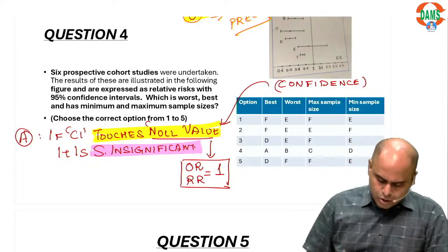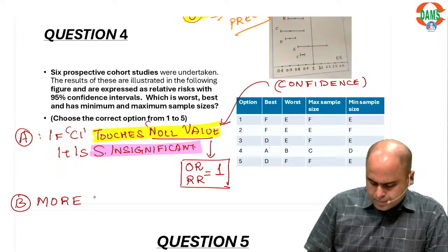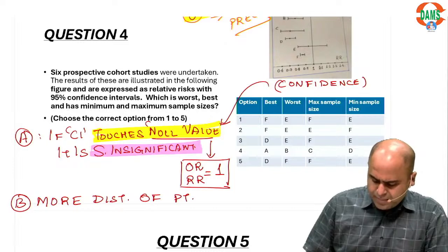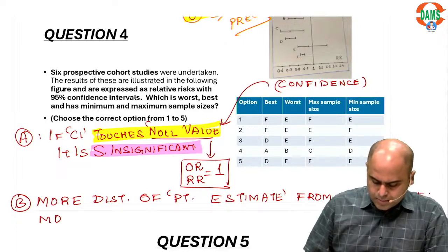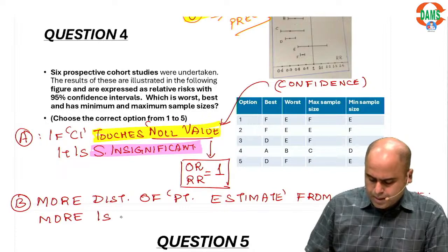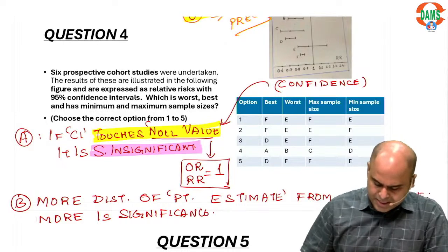Rule B: more the distance of point estimate from null value, more is the significance.